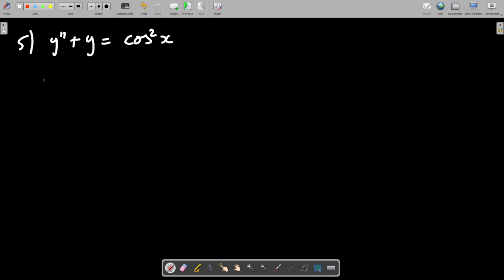Here for this part, we have already solved this equation, the initial part, so I'll directly continue from there only. So yc for this problem is what? It's going to be a cos x plus b sin x.